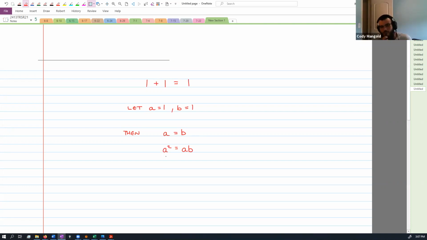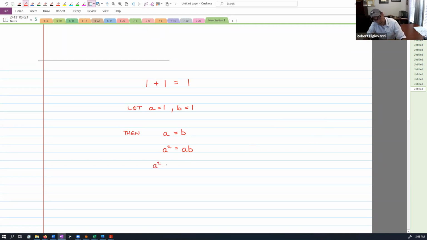If you agree that A is B, if I tell you A is 1 and B is 1, then A is B. And I can multiply both sides by A and get A squared equal to AB.